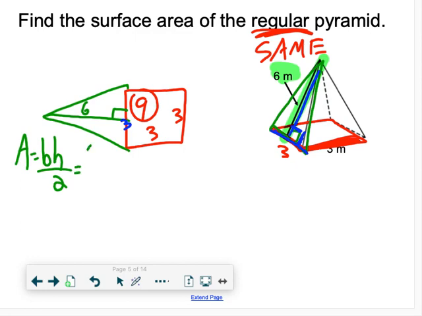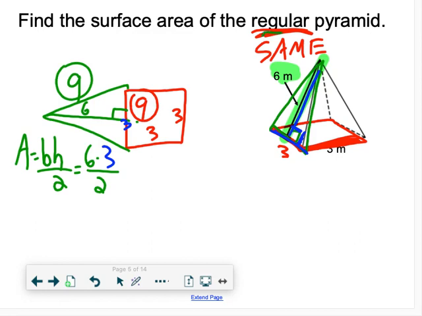So we're going to take the B, the base, times the height. Doesn't matter which one you call it. 3 times 6, or 6 times 3 gets us the same answer, divided by 2. You must cut it in half because it is a triangle. It's not a full box, a full square or rectangle. It's half of one. So 6 times 3, it equals in the calculator, divided by 2. So that's where this triangle is 9.